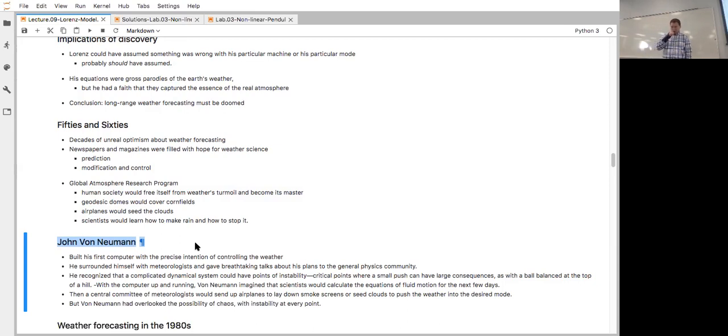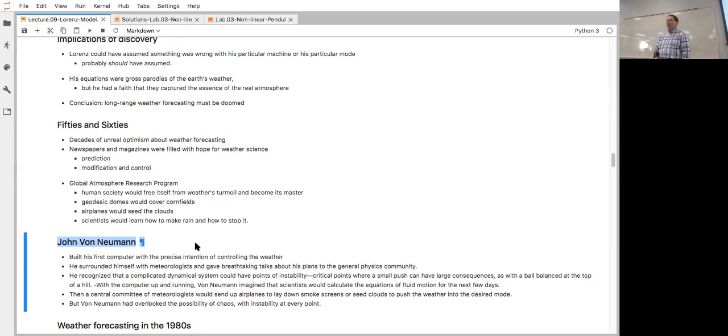With his computer up and running, if he could predict the state of the weather, von Neumann imagined the scientists would be able to calculate the equations of motion for the next several days. And then he'd have a committee of meteorologists who would send up airplanes and lay down smoke screens or seed clouds and push the weather towards the desired mode of oscillation. You know, bright sunny skies, not very much rain, raining only at nighttime, no more storms.